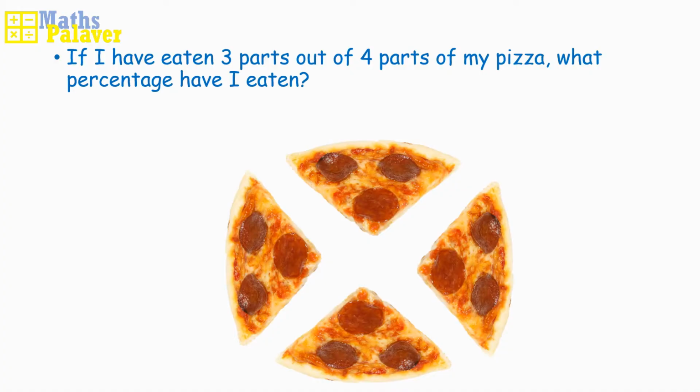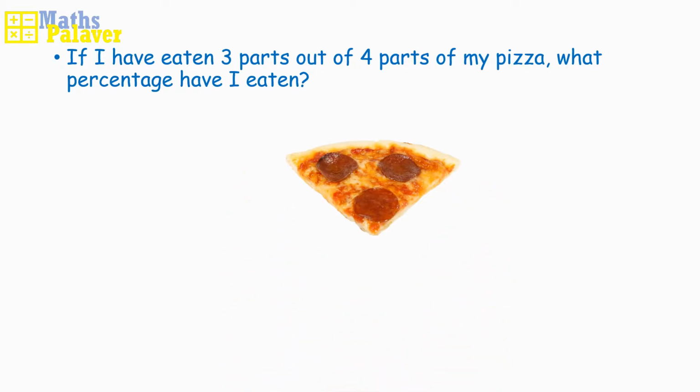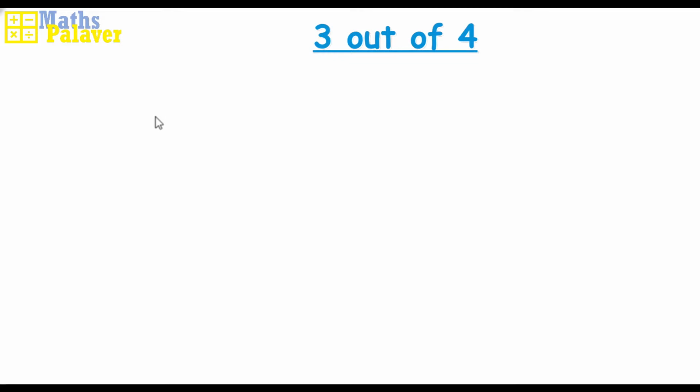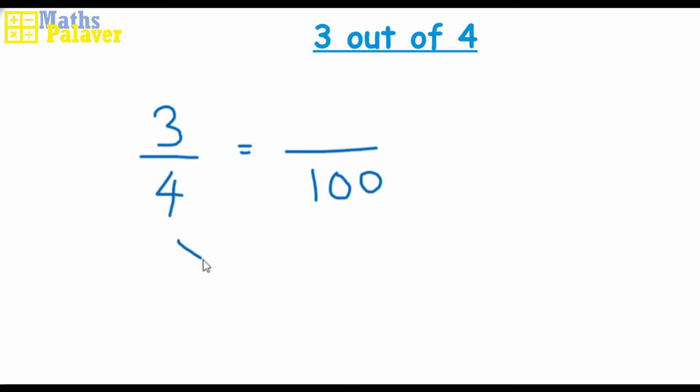Now you try this example. If I've eaten 3 parts out of the 4 parts of my pizza, what percentage have I eaten? 3 out of 4 is 3 over 4. Make that into an equivalent fraction with 100 as its denominator. 4 times 25 gives 100.